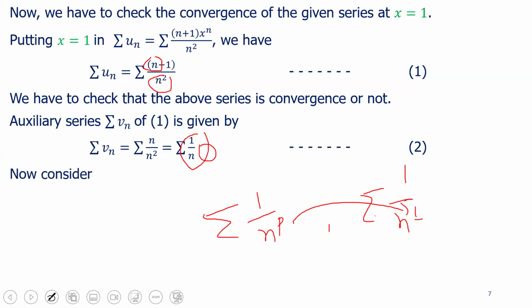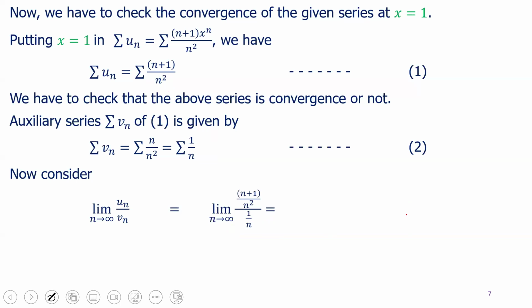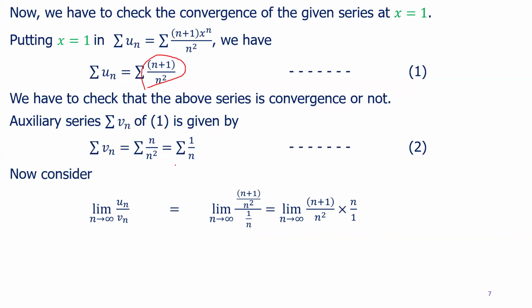Now consider the limit of un upon Vn, where un is (n plus 1) upon n square and Vn is equal to 1 upon n. If we simplify (n plus 1) upon n square into n by 1, the n cancels, and we have (n plus 1) upon n.